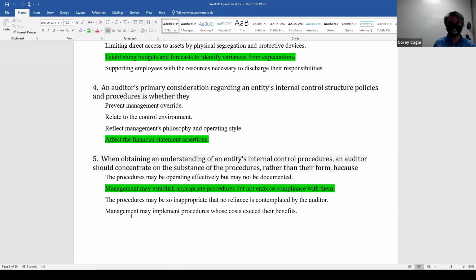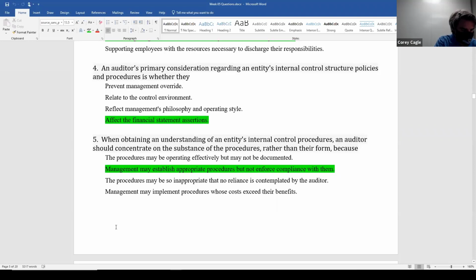It's always what they're looking at, right? Number 5, when obtaining an understanding of internal control, an auditor should concentrate on the substance of the procedures rather than their form, because it's kind of broad, isn't it?